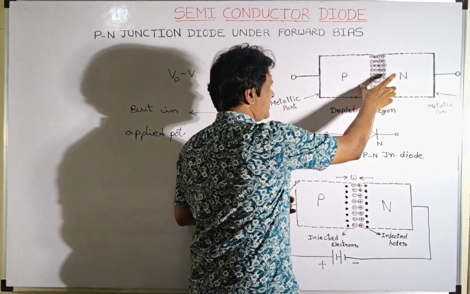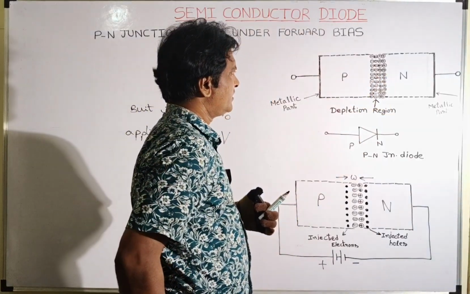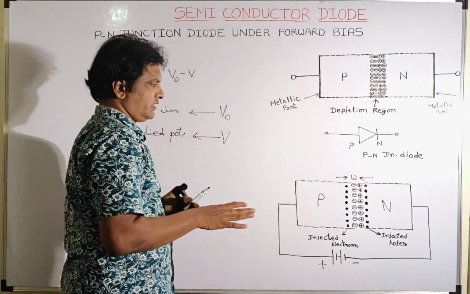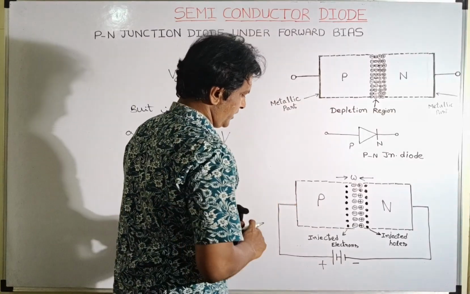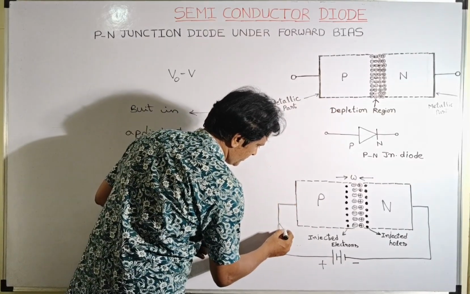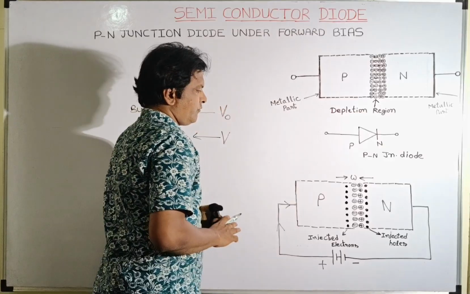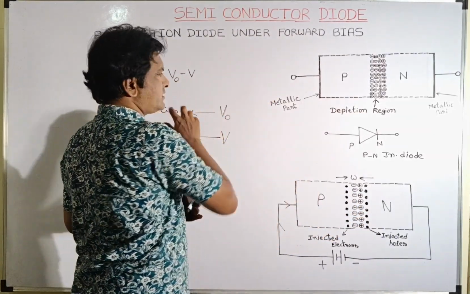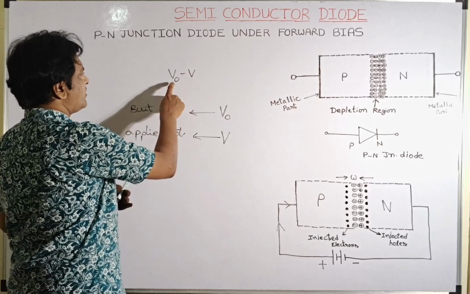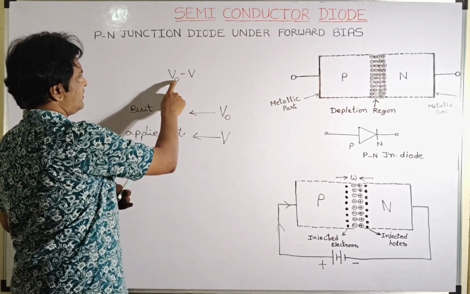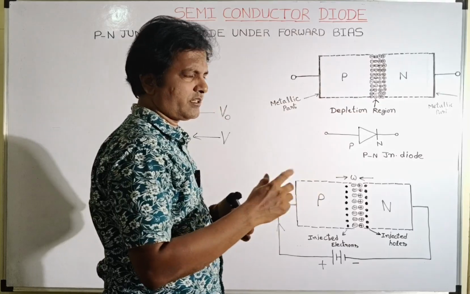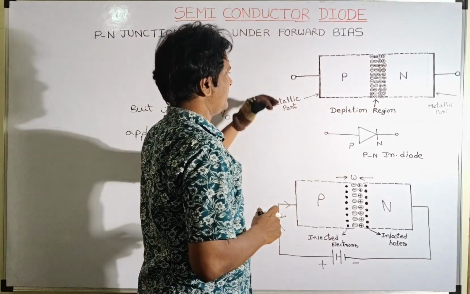After reaching the equilibrium position, the equilibrium barrier potential is reached. Then we apply the potential. Here the current direction is shown like here. When we apply the potential difference, the net potential will be built-in potential minus the applied voltage, because they are in quite opposite directions.